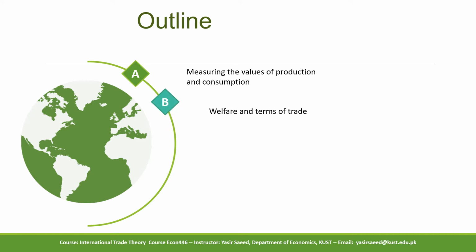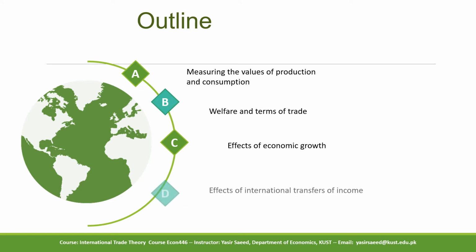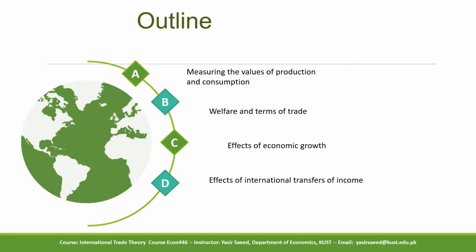Then we are going to study the welfare and terms of trade. Then the effect of these things on economic growth. And then we will be studying the effect of international transfers of income. And finally, we are going to study the effects of import tariffs and export subsidies in the standard trade model.